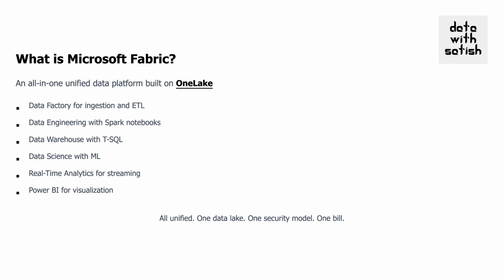Data Factory for your ingestion and ETL, data engineering with full Spark notebooks, a data warehouse with T-SQL, data science capabilities with machine learning, real-time analytics for streaming data, and Power BI for visualization. All unified, all operating on the same data in OneLake. One security model, one governance layer, and one bill. No more moving data between tools, no more integration headaches.